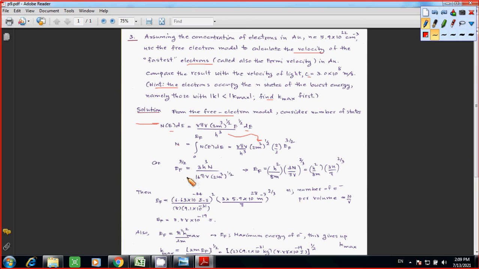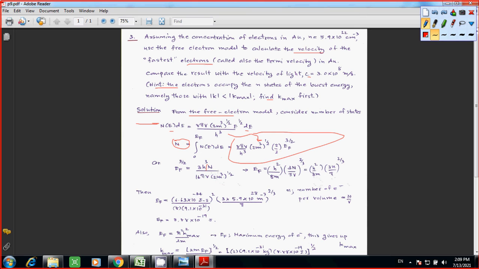So what about this one? I simply write the two expressions, just write EF in terms of N. Then your EF equals this.